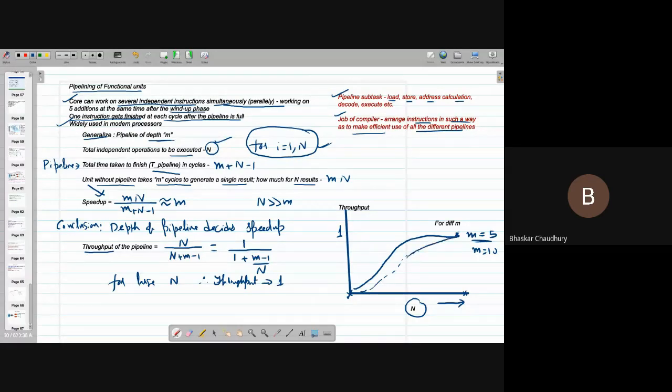Now let us draw the important conclusions from here. The first conclusion we have already drawn, that the depth of the pipeline decides the speed up. Is there any other conclusion which I should draw after looking at this curve?